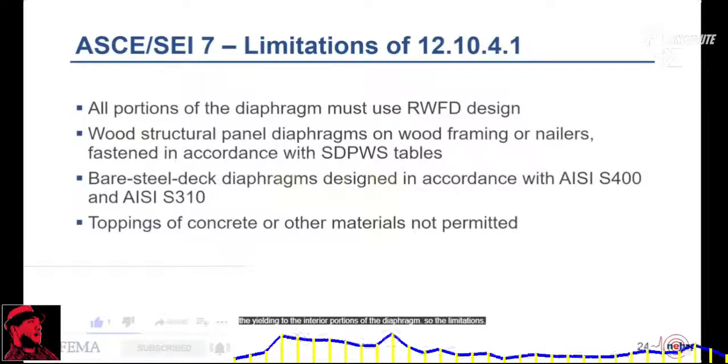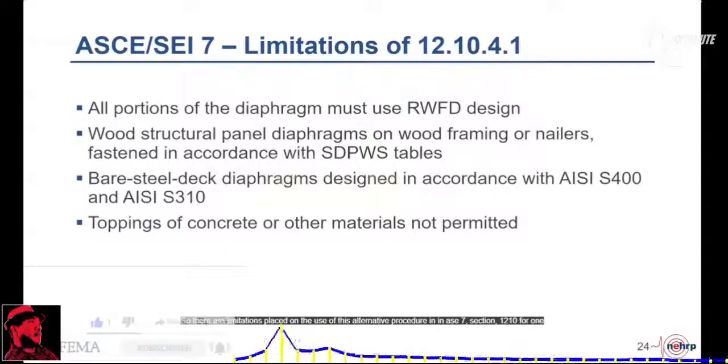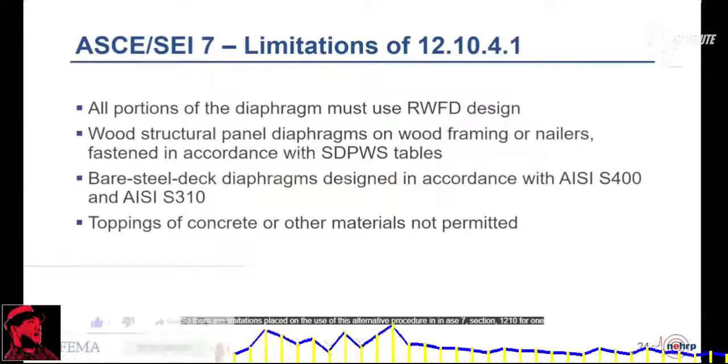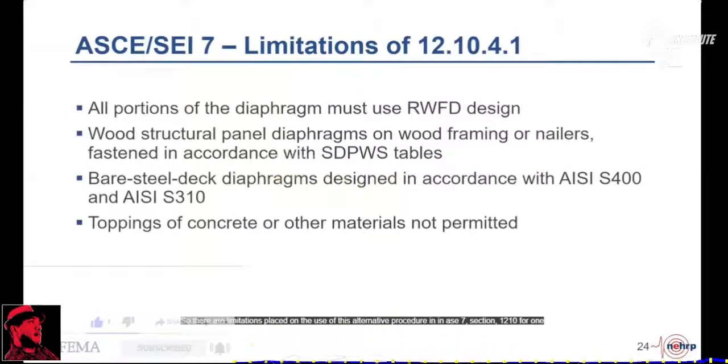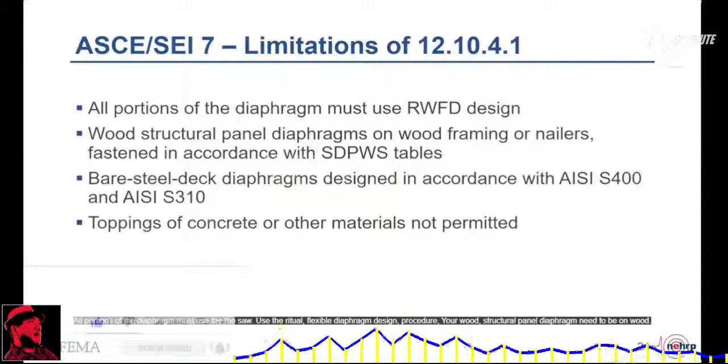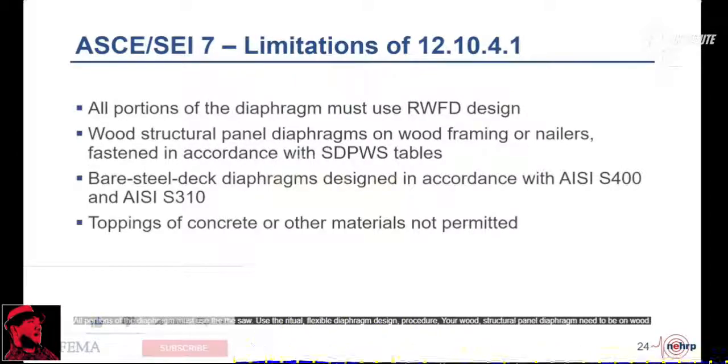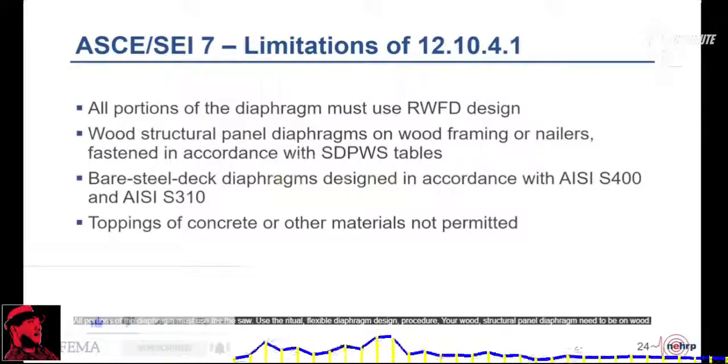So there are limitations placed on the use of this alternative procedure in ASCE 7, section 12.10.4.1. All portions of the diaphragm must use the rigid wall flexible diaphragm design procedure.